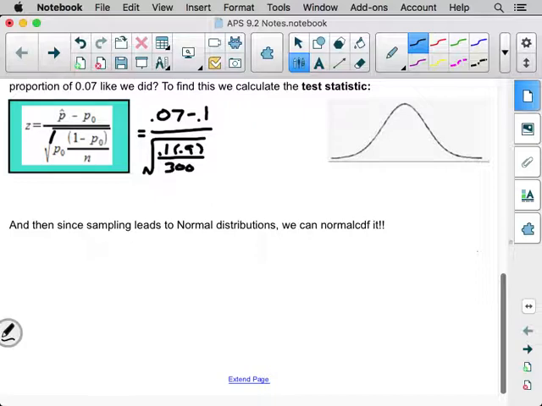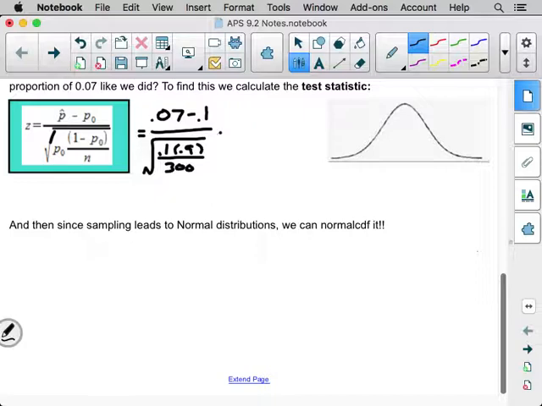And I need one of my calculators now. So square root of 0.1 times 0.9 divided by 300. And I'm going to take 0.07 minus 0.1 divided by that.